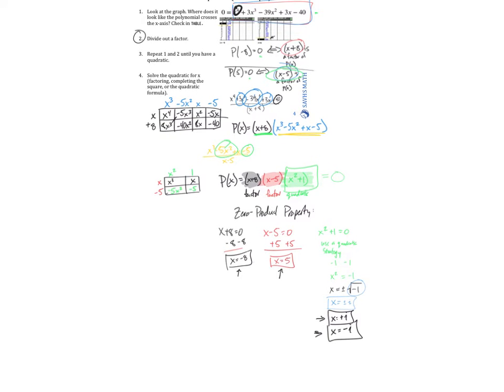This makes sense because what I have here is a quartic polynomial, and the fundamental theorem of algebra says there should be 4 answers. They are here, here, here, and here.